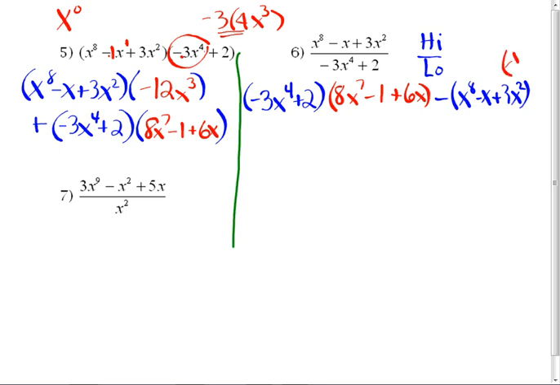It's what? Negative 12x cubed over the square of the whole denominator, we go. And do not waste your time multiplying that denominator. We're never going to multiply it.